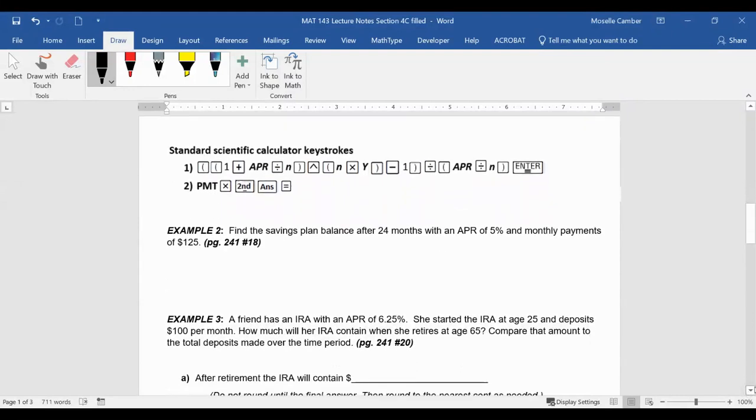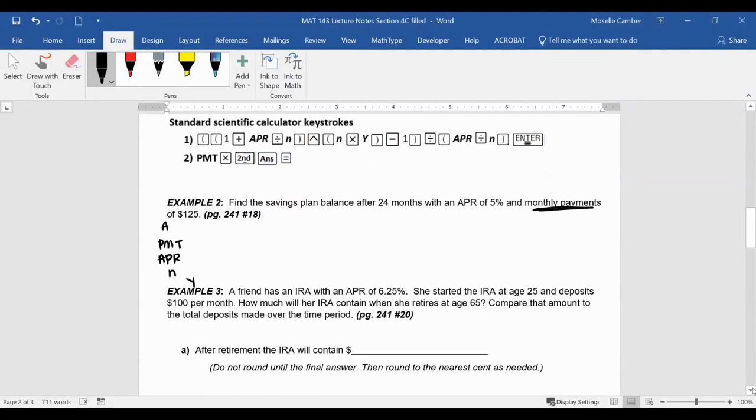So let's look at another example. Find the savings plan balance after 24 months with an APR of 5% and monthly payments of $125. Okay, so because we're making monthly payments, this tells us that it is our savings plan. So if we want to know all of our variables, we have A, PMT, APR, N, and Y. Again, it's either going to give you A or PMT.